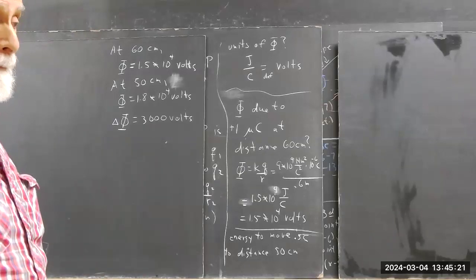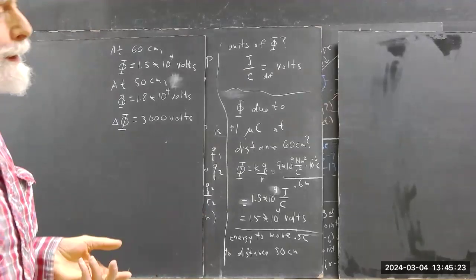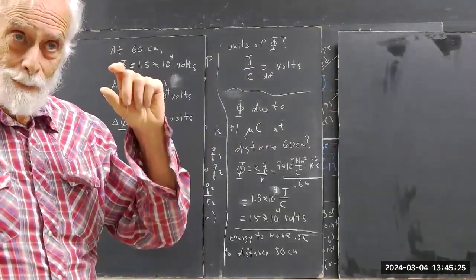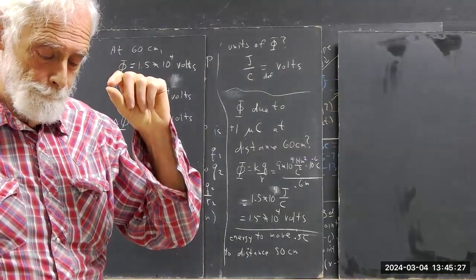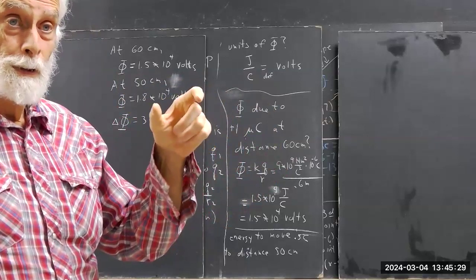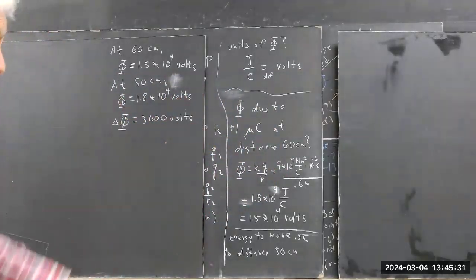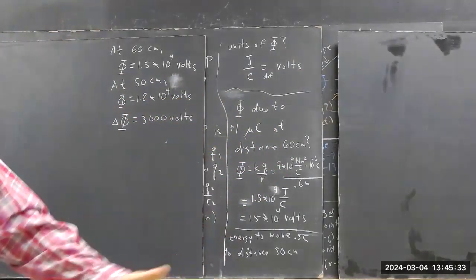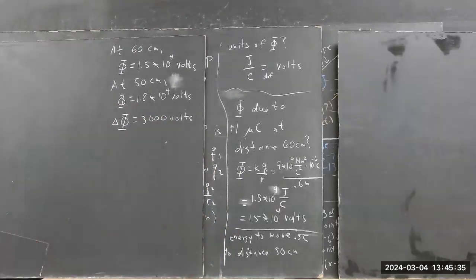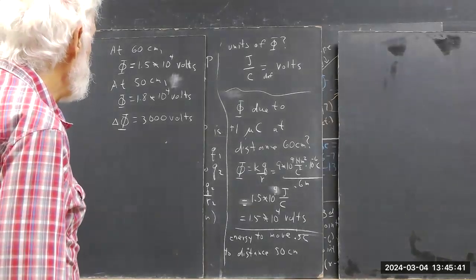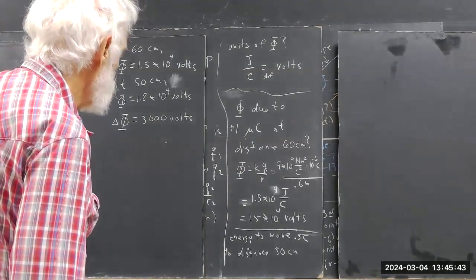In other words, to get a static electric discharge across an inch, it takes about 50,000 volts, depending on humidity and ionization and stuff like that. Okay, so delta phi is 3,000 volts.